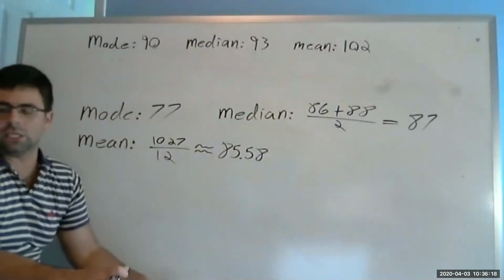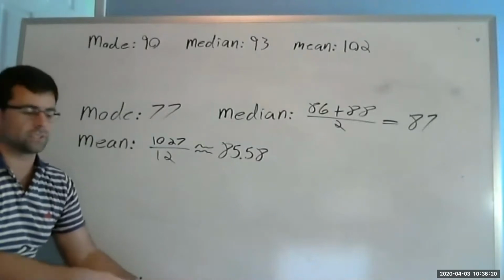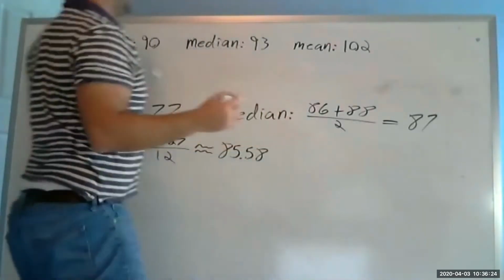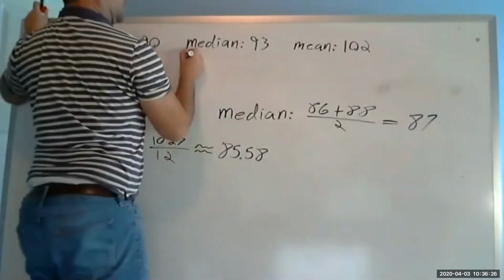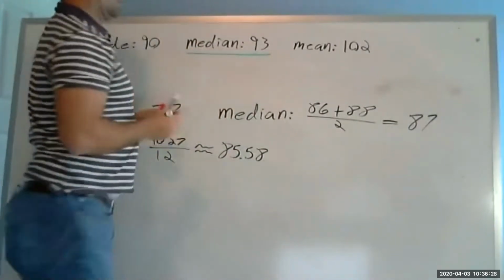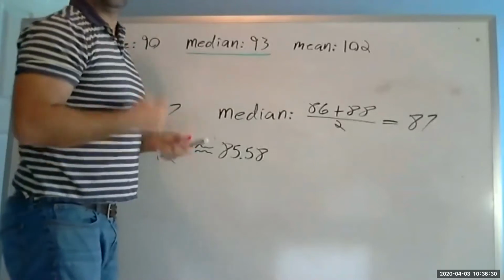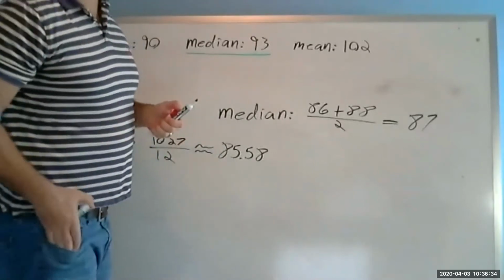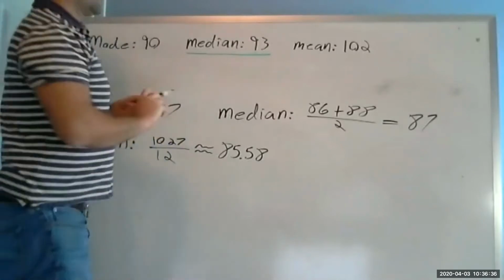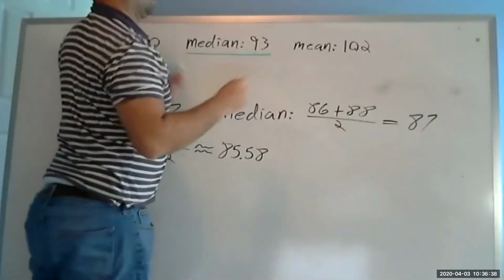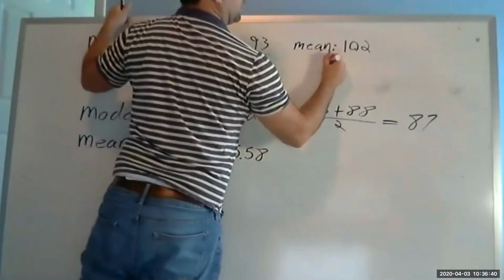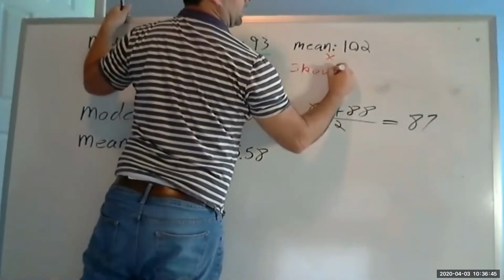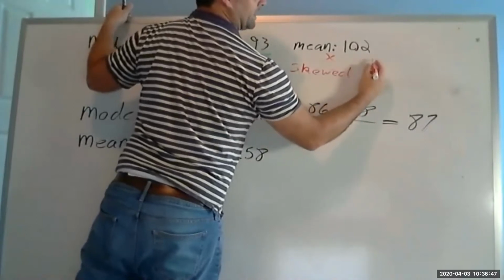So in the first case, the median does a better job because it is right in the middle. The issue with the first set is that 155 number did what is called skewing the data set.